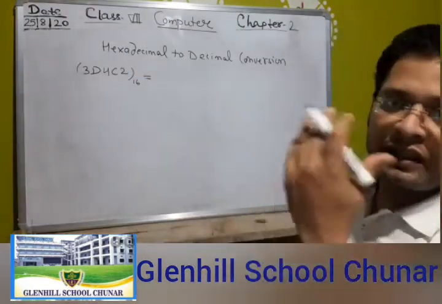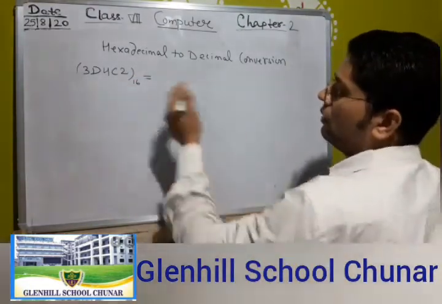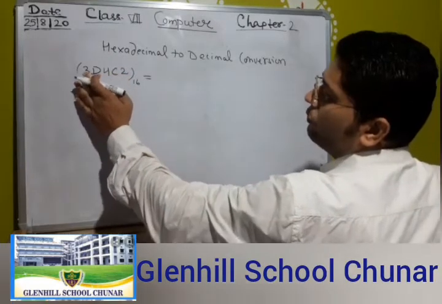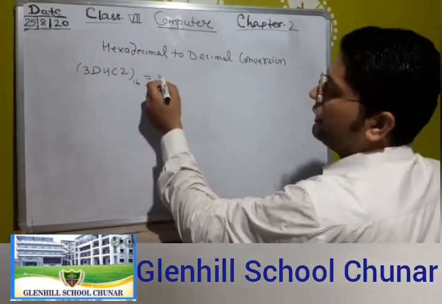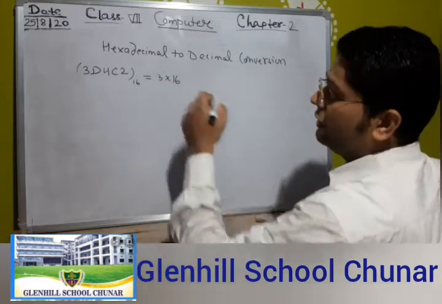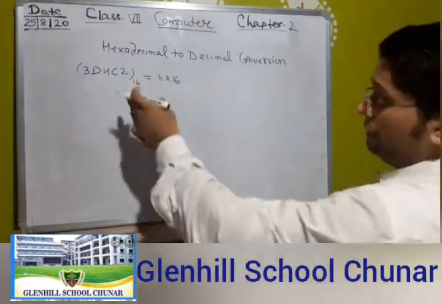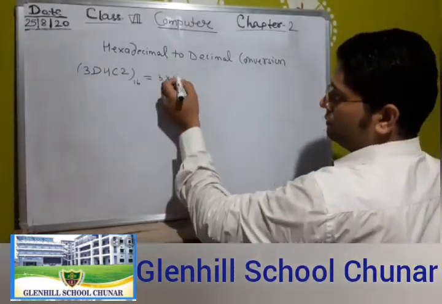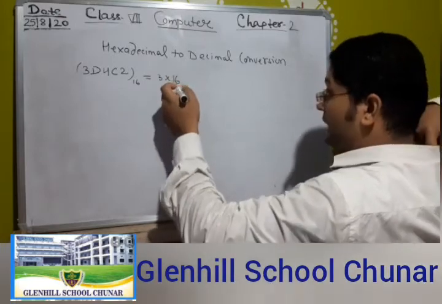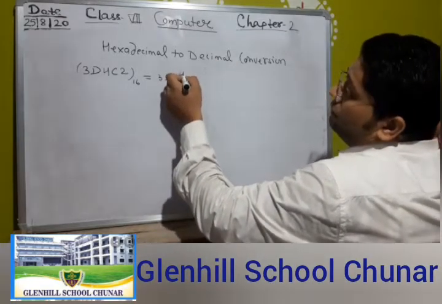How will you convert to the decimal number? Look, 1, 2, 3, 4, 5. So 3 into 16 power 5.